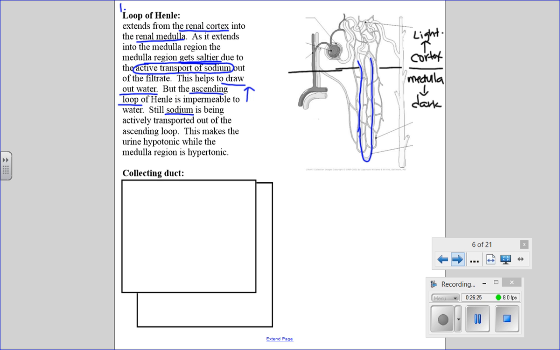So sodium is being transported still. The result, your urine is hypotonic compared to the medulla, which is hypertonic. Hypo means less concentrated. Hypertonic means more concentrated.